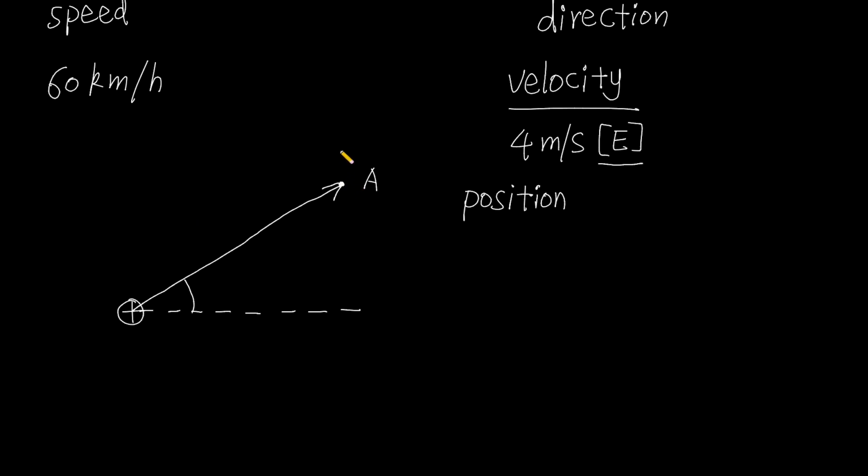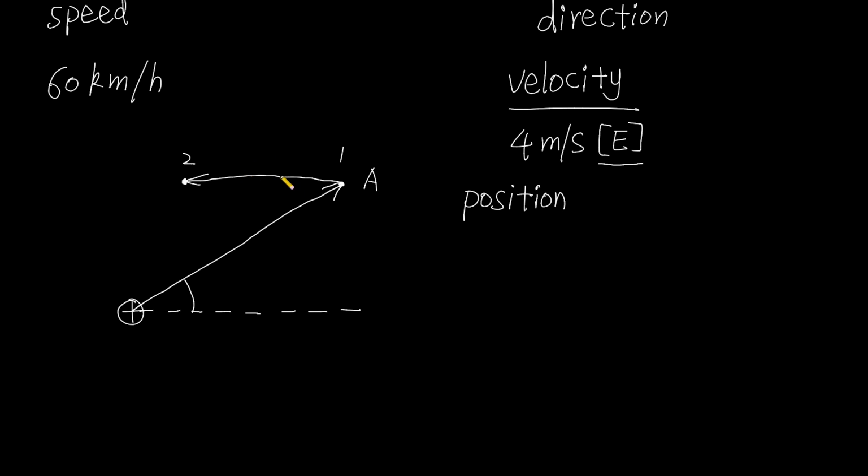Now we assume that object A moves from this original position. We name it position 1. And object A moves from position 1 to position 2. This is position 2. And we can draw a vector from position 1 to position 2.